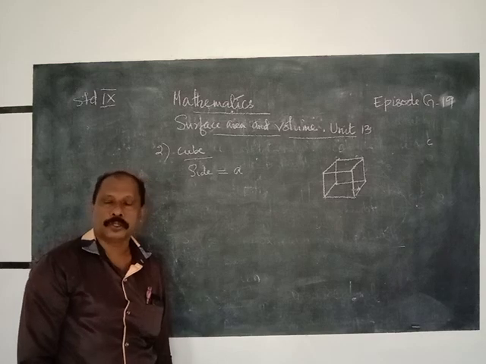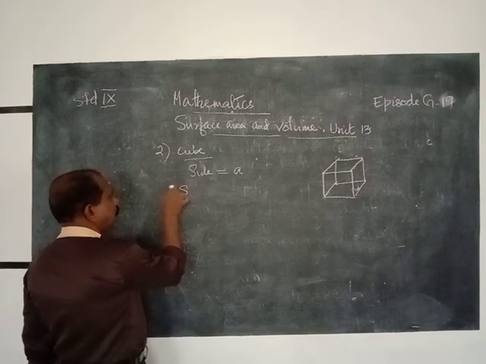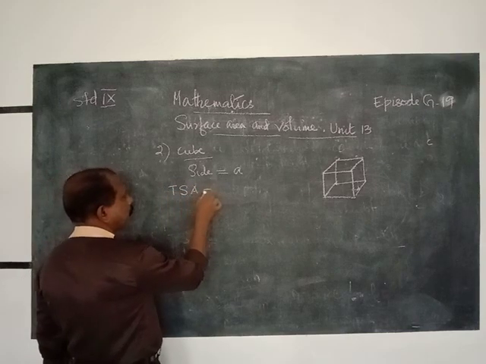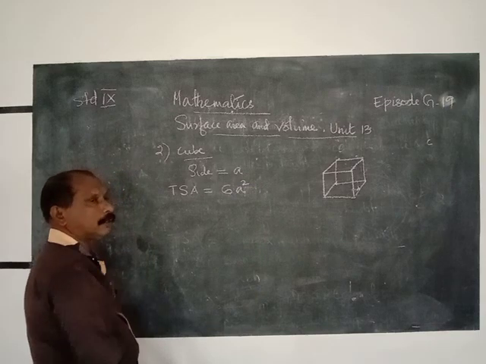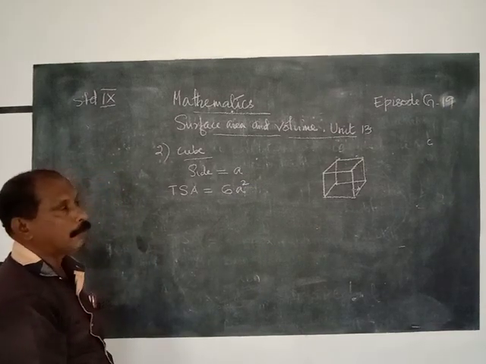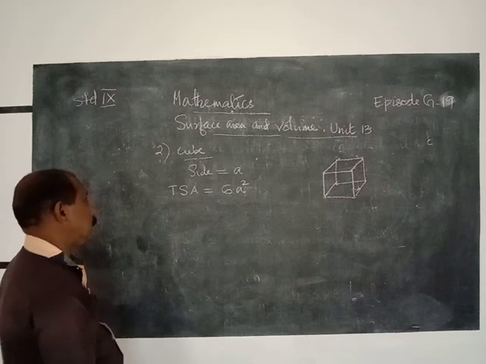How many surfaces for a cube? There are 6 surfaces. The area of a square is side square, that is A square. How many surfaces? 6 surfaces. Therefore, total surface area of a cube is 6 A square.